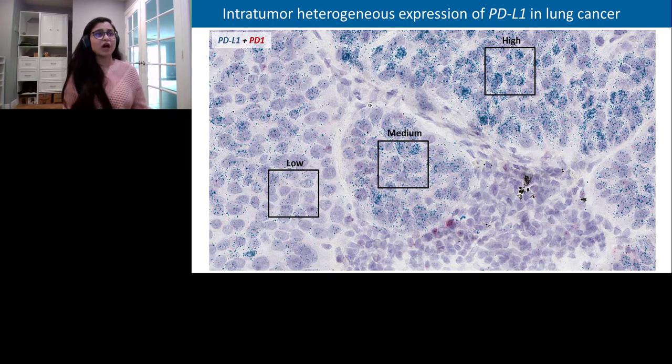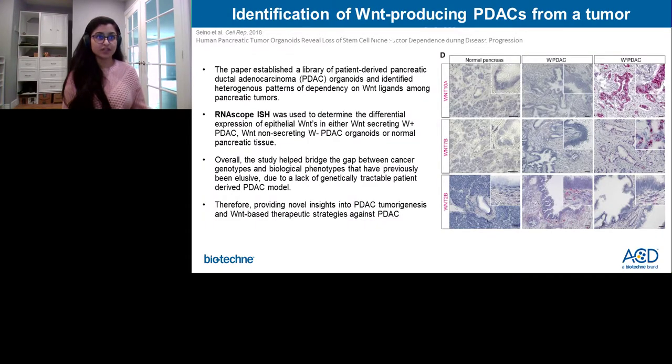Here's an example of how this group of researchers used RNAscope to study the heterogeneity of Wnt ligand expression in this pancreatic ductal adenocarcinoma organoid library. They wanted to study the expression of Wnt ligands and establish the differential expression of these ligands between normal pancreas compared to a Wnt positive PDAC tumor and a Wnt negative PDAC tumor.